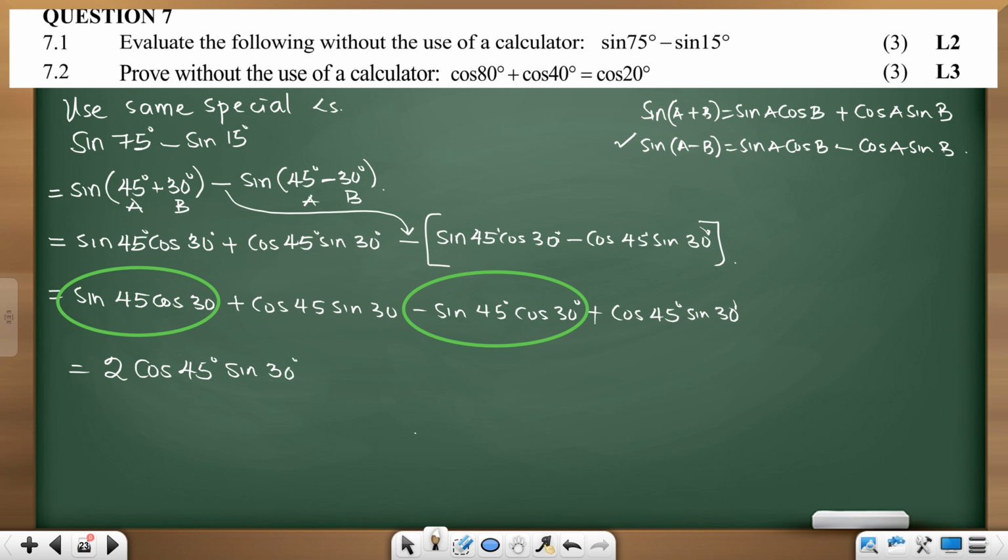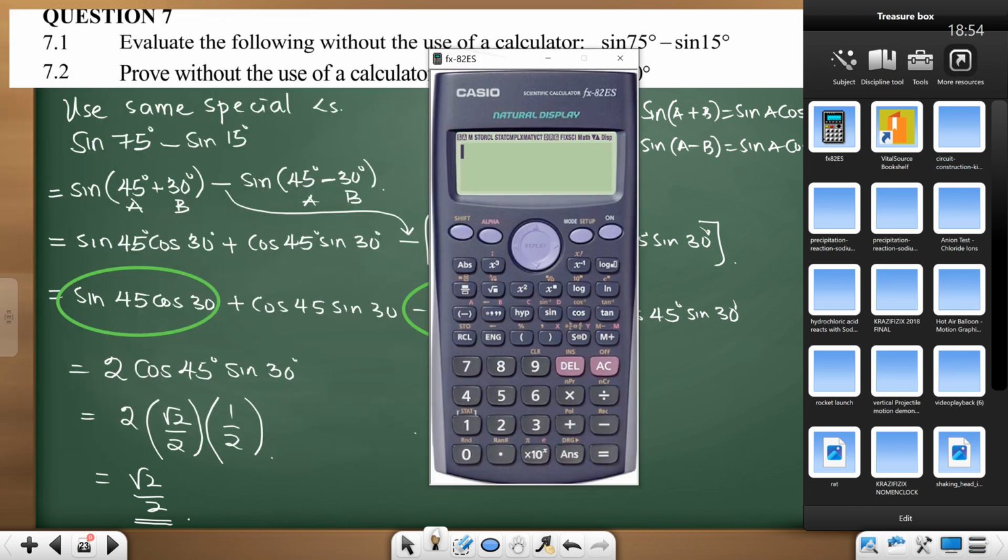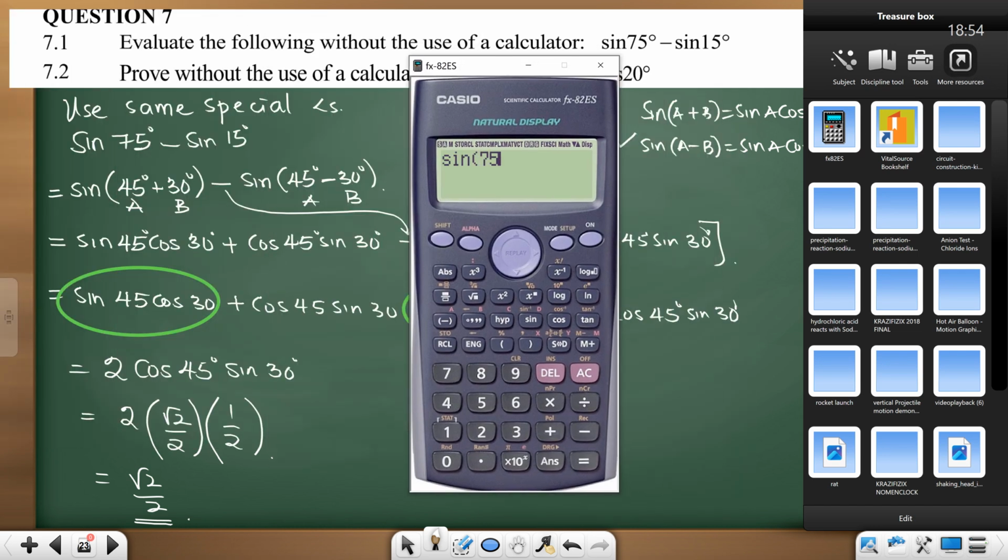And all of these are special angles. You must change them. Root 2 over 2. You can use your calculator. No one is going to kill you. And sine 30 is half. What's your answer? Root 2 over 2. We're done. And if you want to check if you are correct, let's type this in a calculator. Sine 75 minus sine 15.